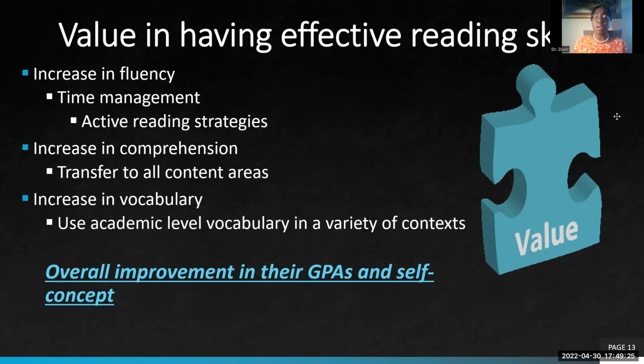It also increases their comprehension and their vocabulary, because when we use academic vocabulary in a variety of contexts, our vocabulary becomes stronger in general. And the main thing we focus on is for them to improve their GPAs and self-concept, because if they don't have a certain GPA, they will not be able to move on to the next level.